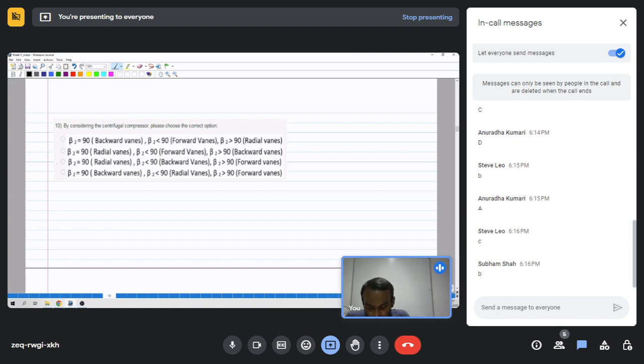Option C is right. When beta 2 is 90, it means radial. Beta 2 less than 90 degrees is for backward vanes, and beta 2 greater than 90 represents forward vanes.